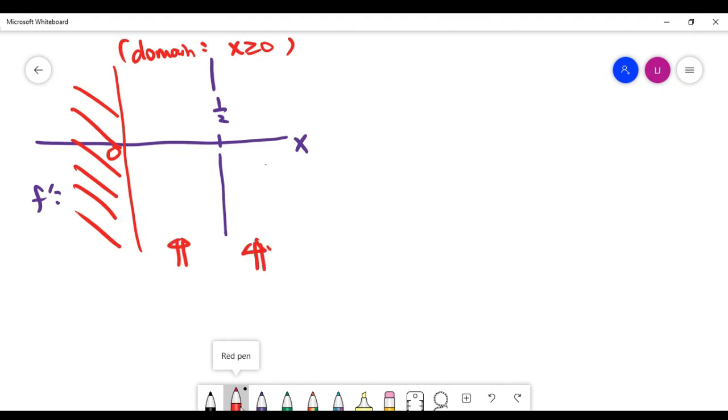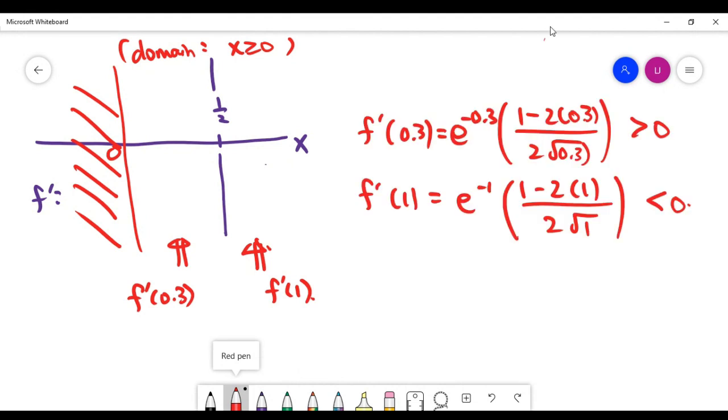On the two intervals, you randomly choose some points. For example, you can choose f prime of 0.3 for the left interval. For the right interval, you can choose f prime of 1. Let's do the numerical calculation of these two points. Then you would see that f prime of 0.3 is positive, and f prime of 1 is negative. So I'll mark them here for the sign of f prime.